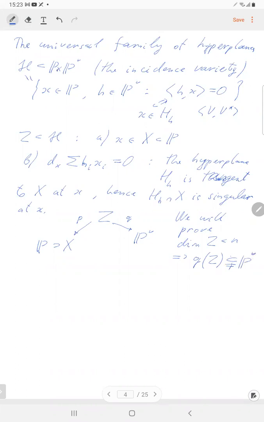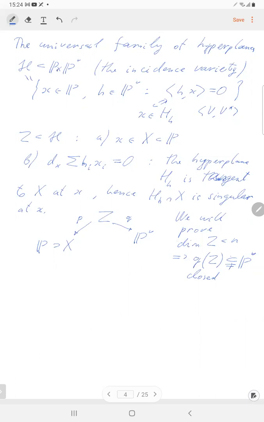Okay, but again, since this morphism is projective, this is necessarily closed. So the complement will be open and non-empty, and that's what we want to prove. Okay, so we only have to compute the dimension of Z and prove that it's less than n.